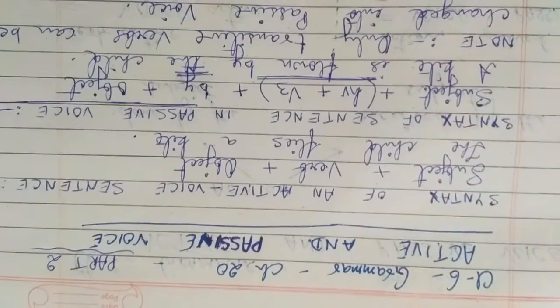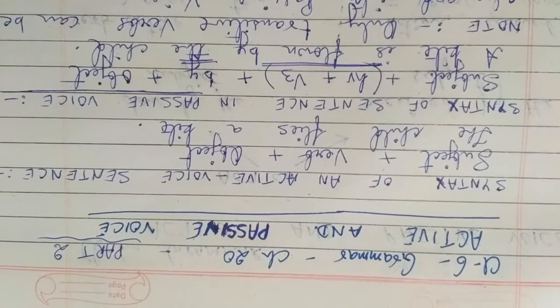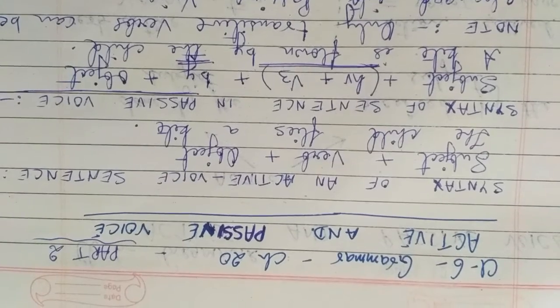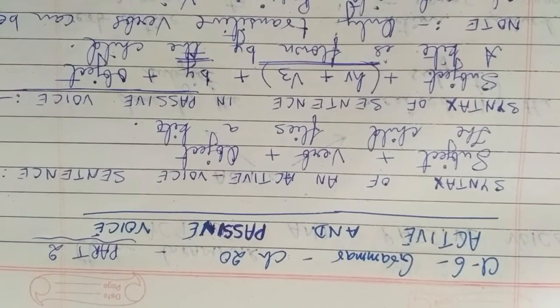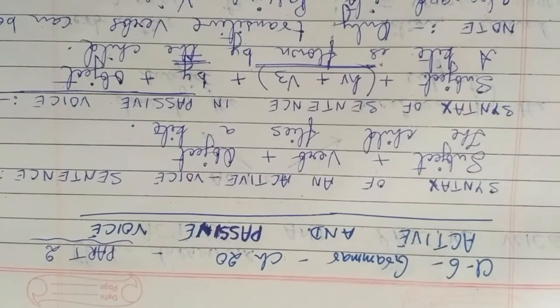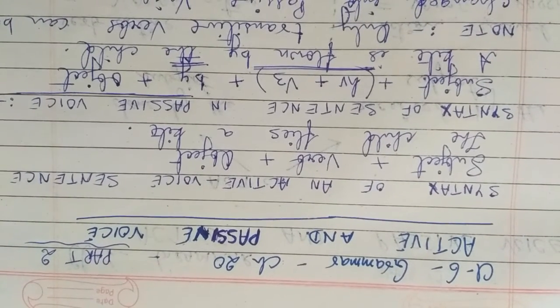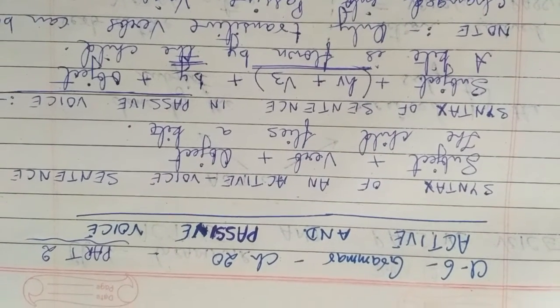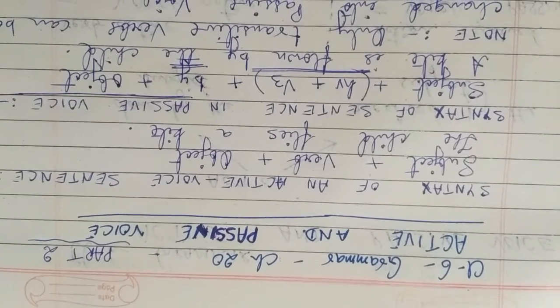Now first of all children, you have already learnt in the first part of the video that in an active sentence the subject in the sentence is doing the action, and in a passive sentence the subject is the recipient of the action. So it changes in that way.